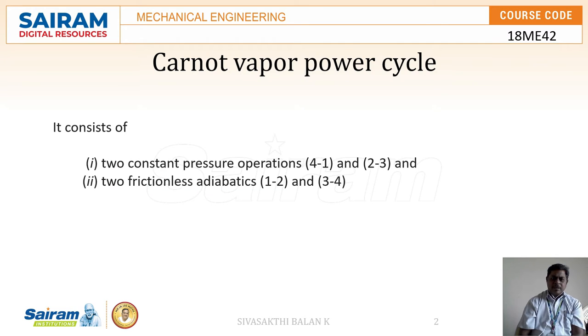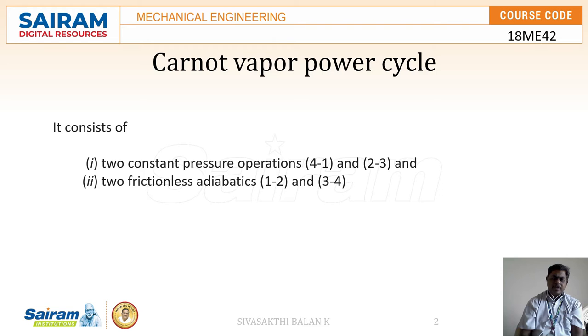First, the Carnot vapor power cycle. As we all know, the Carnot cycle is the reference cycle for all ideal cycles, I mean all real, actual cycles. Again, this Carnot vapor power cycle also consists of two constant pressure isobaric processes and two frictionless adiabatic processes, reversible adiabatic processes, which we can also call isentropic processes.